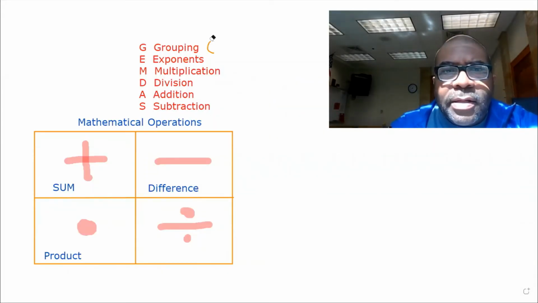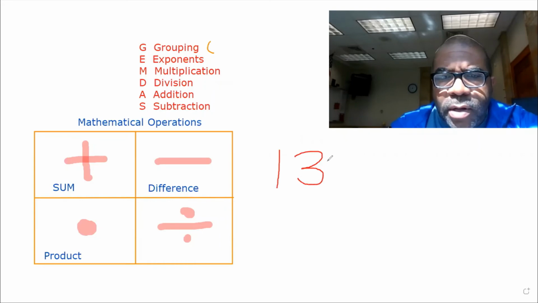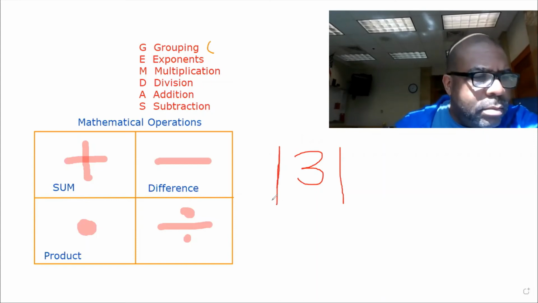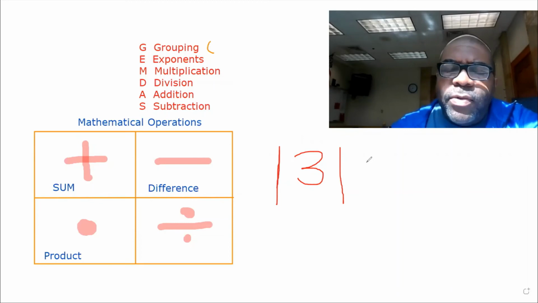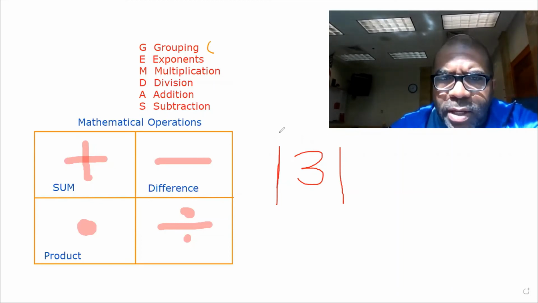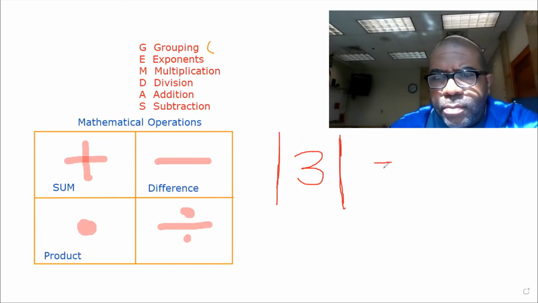The last thing we're going to work on is absolute value. Let's say we have 3 between absolute value signs. The 3, when it's between the absolute value signs, is 3.